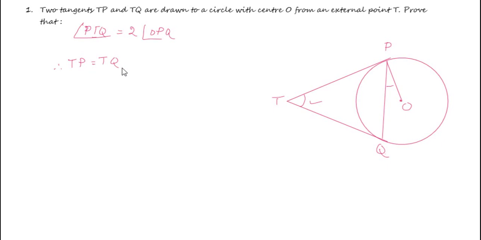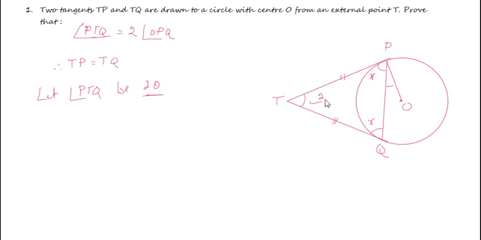If TP equal to TQ in the triangle TPQ, then angle TPQ and angle TQP are equal. Let us take these two angles as x. Let angle PTQ be 2 theta.